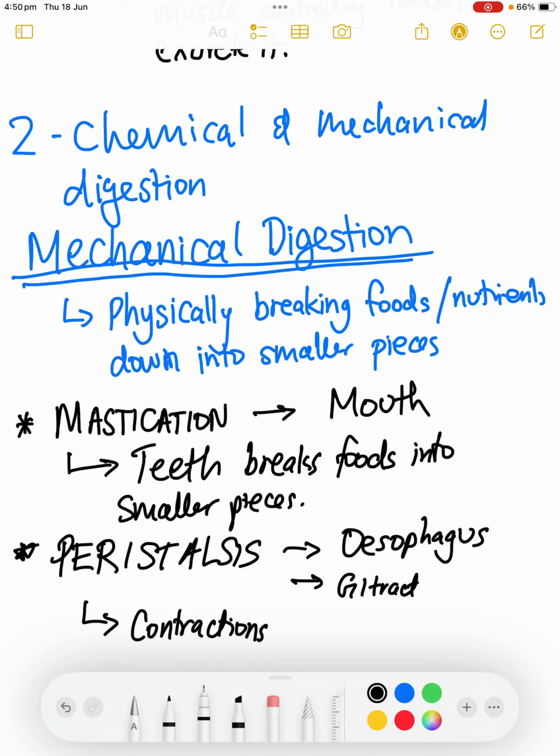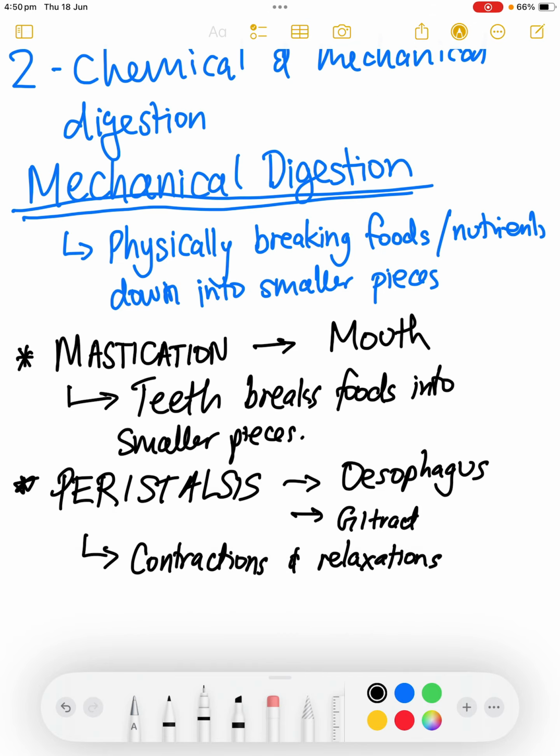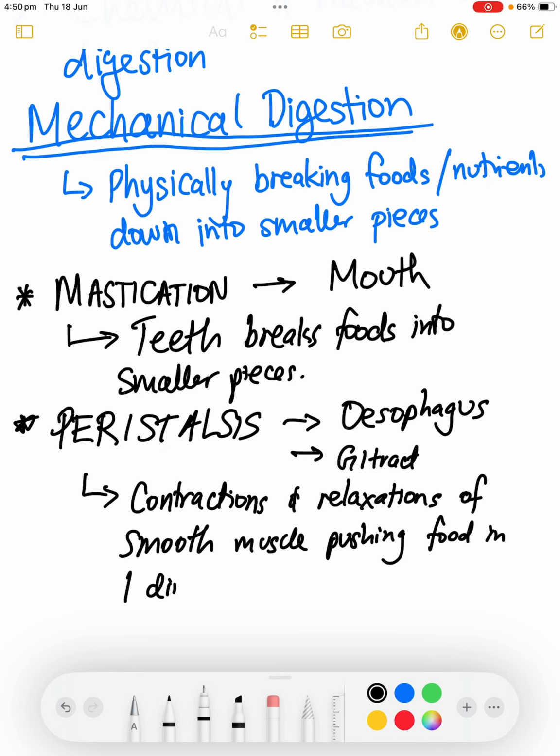That involves contractions and relaxations of circular smooth muscle, which pushes food in one direction.